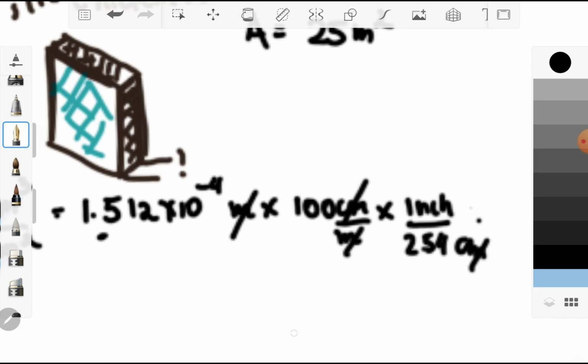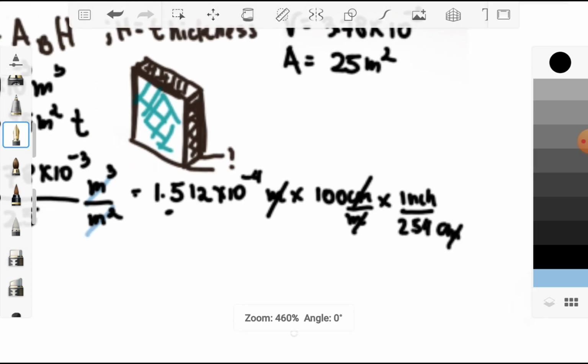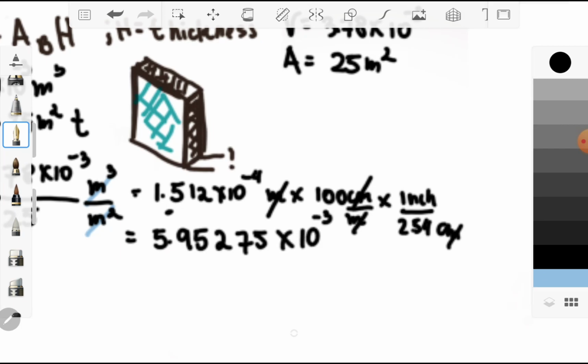So, canceling this out, we have a value equal to times 100 divided by 2.54. So, we have 5.95275 times 10 raised to negative 3.